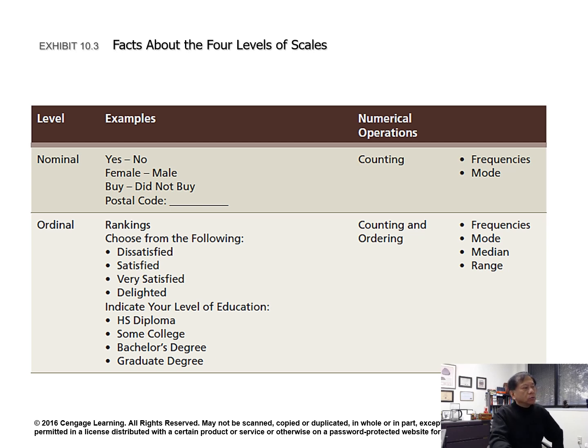You can have high school diploma, some college, bachelor's degree, or graduate degree, right? More and more education. For ordinal scales, the numerical operations you can do are counting and ordering. You can count frequencies, you can find the mode, the median, the range. Okay? That's nominal and ordinal.